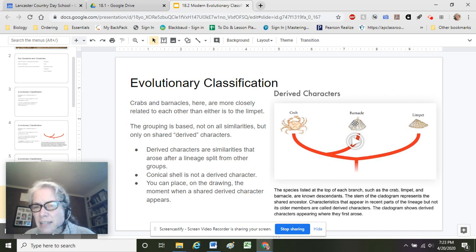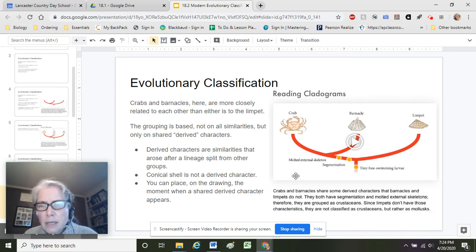And these little legs are jointed. So we know that the jointed exoskeleton of this animal is shared with this animal, and both have that, different from the limpet because they evolved it after they separated from the common ancestor. So it is a shared derived character.